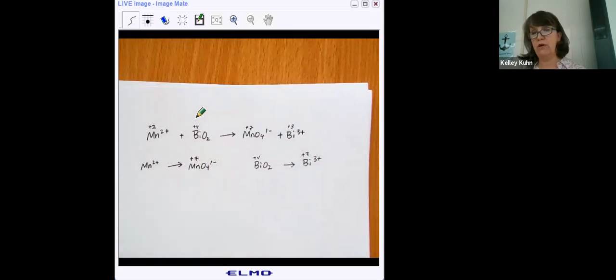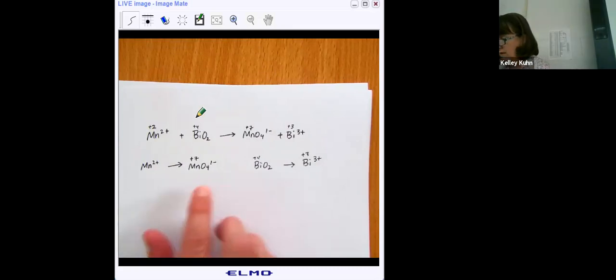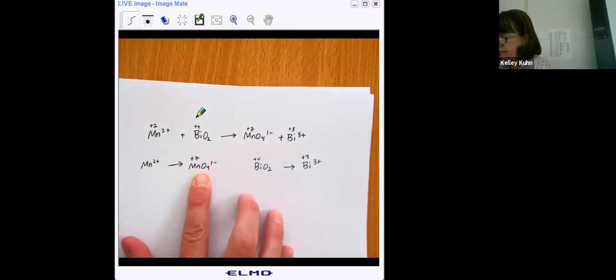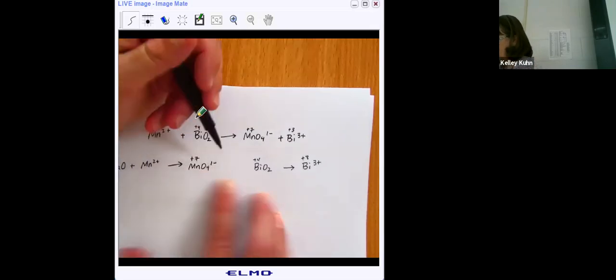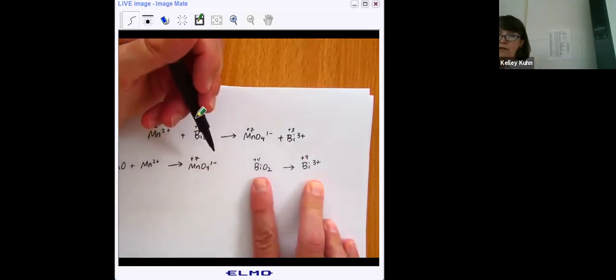Well, in oxidation reduction reactions, you balance the oxygens by adding waters to the opposite side. So for example, here I have 4 oxygens, so I'm going to add 4 waters to this side. Now I've got 4 oxygens and 4 oxygens. So what will I have to do on this side?